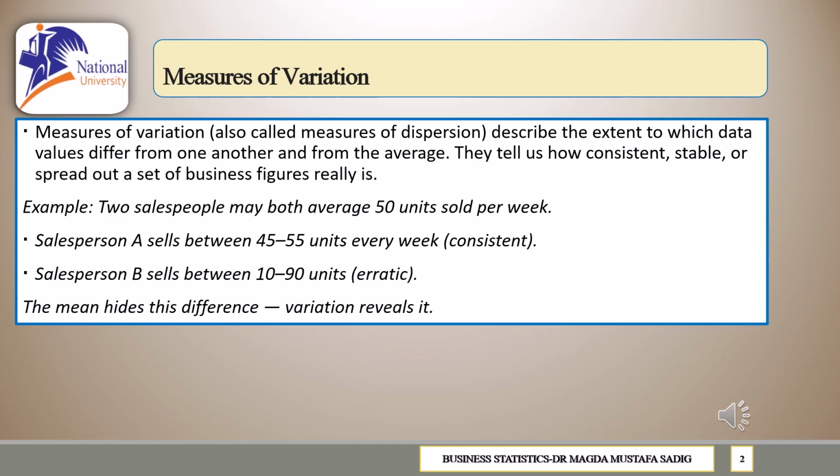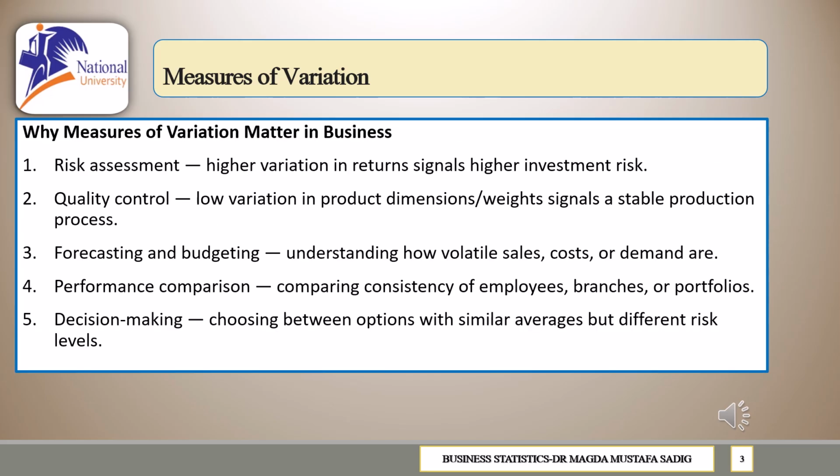This example teaches us an important statistical lesson. The mean can hide important differences, but measures of variation reveal those differences. So when analyzing business data, we should not depend only on the average. We should also examine how much the observations vary around that average.